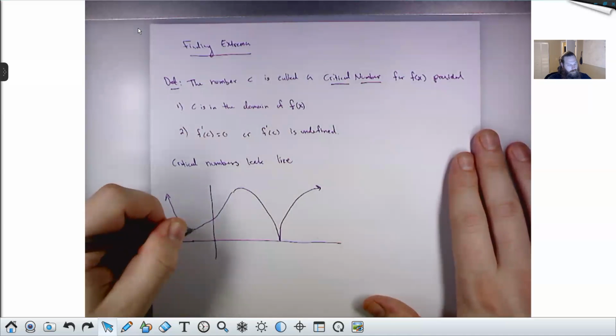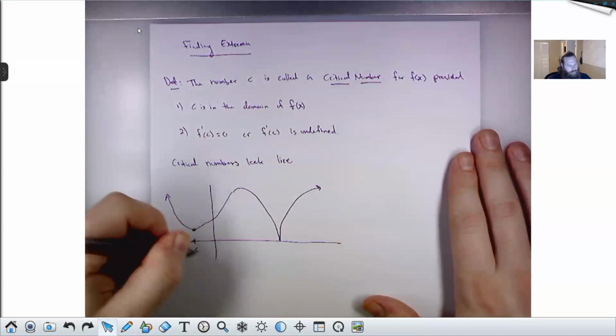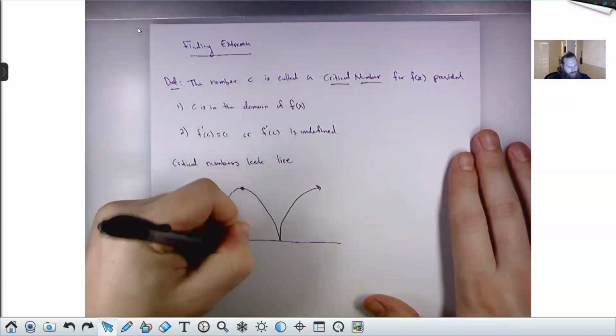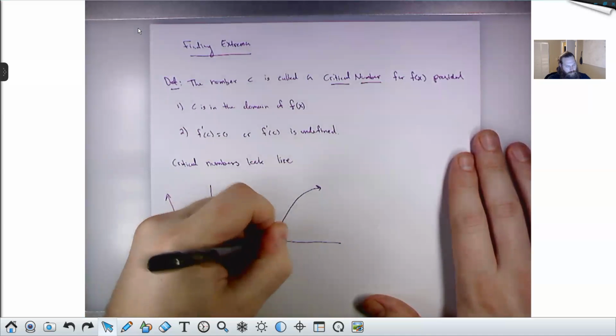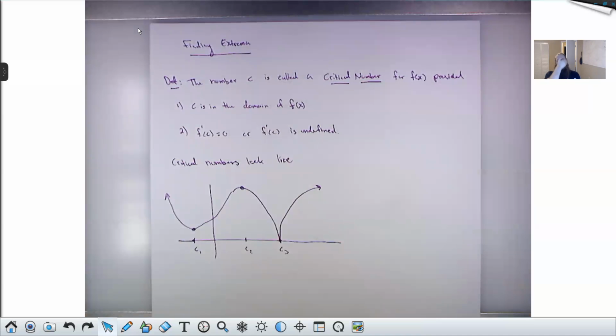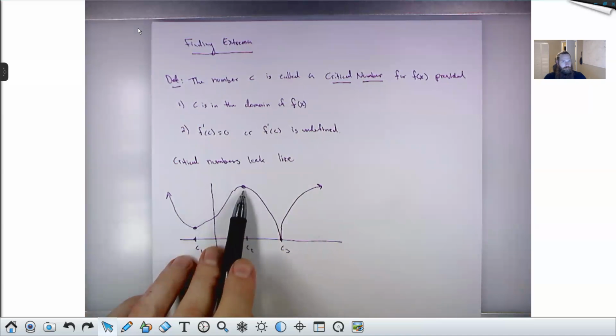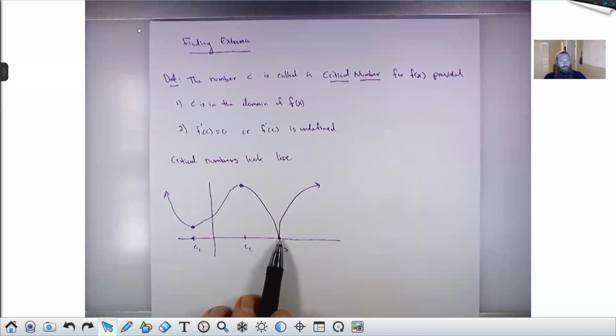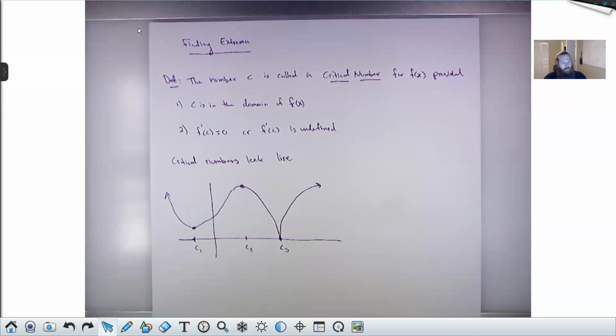So I'll label the critical numbers here as c1, c2, and c3. At these two, f prime is equal to 0. You've got a horizontal tangent line there. At this guy, you've got a vertical tangent line. This is a place where f prime is undefined, right?